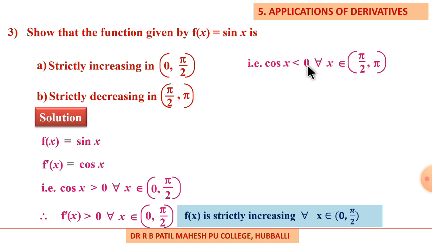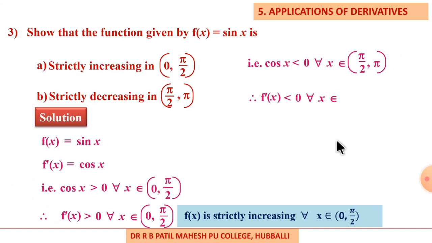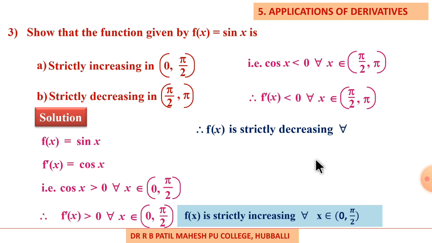So here cos x is negative, or less than 0, in this pi by 2 to pi, so 90 to 180, or in the second quadrant. Therefore f dash of x is less than 0 in this interval, that is pi by 2 to 180. So therefore f of x is strictly decreasing for all x belongs to pi by 2 to pi.